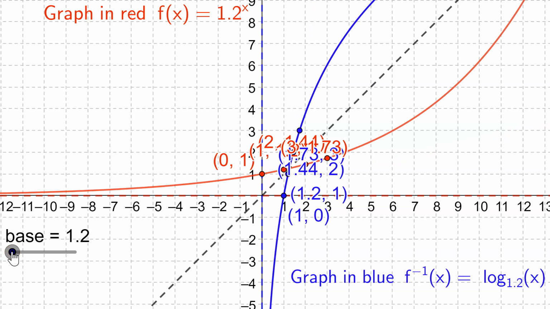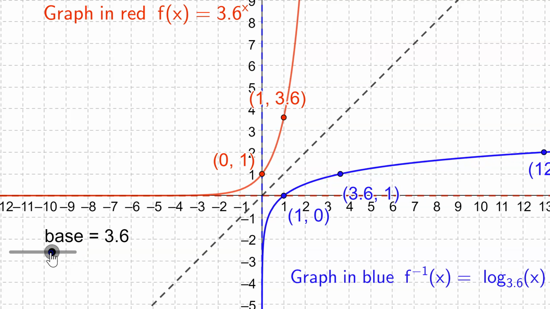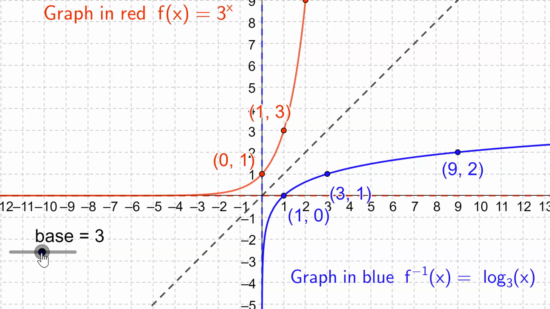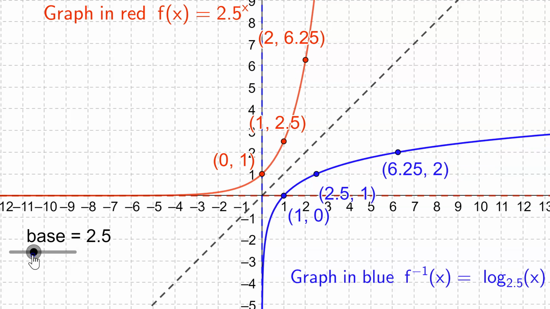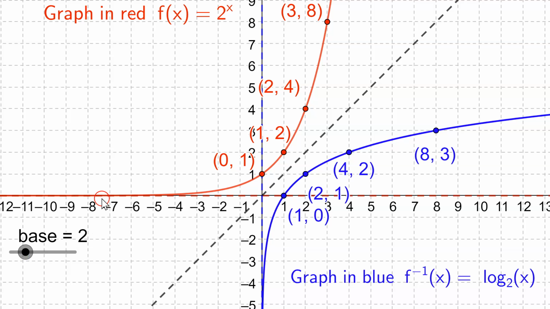So as long as the base is bigger than 1, I will have increasing parent graphs for both the exponential and logarithmic functions, and the exponential function will have a horizontal asymptote of y = 0, and the logarithmic function will have a vertical asymptote of x = 0.